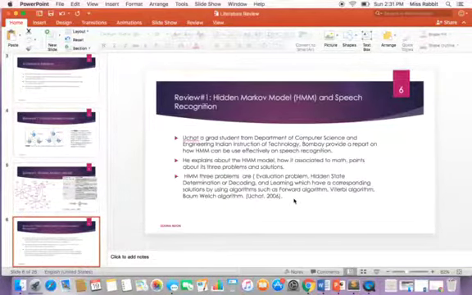And now let's jump into Scholar paper number one. It is about how the hidden Markov model, or HMM for short, has an effect on speech recognition.